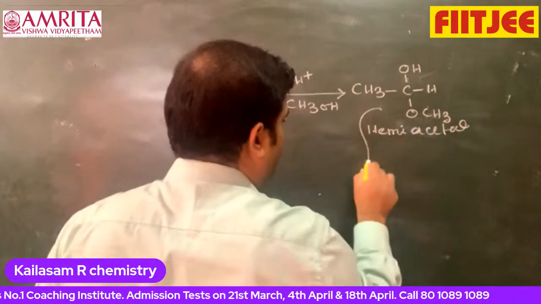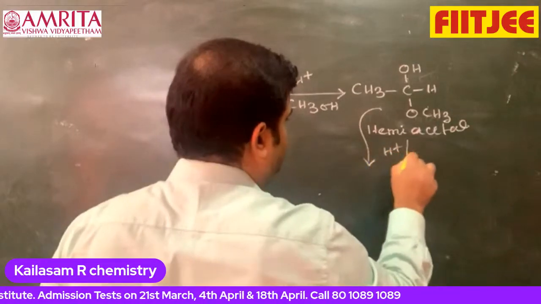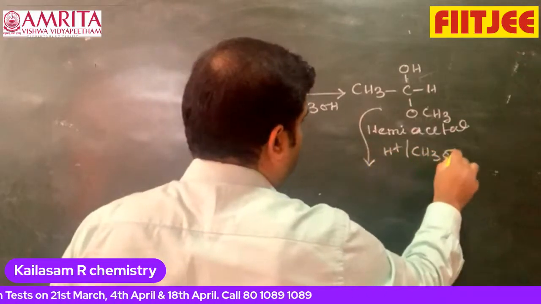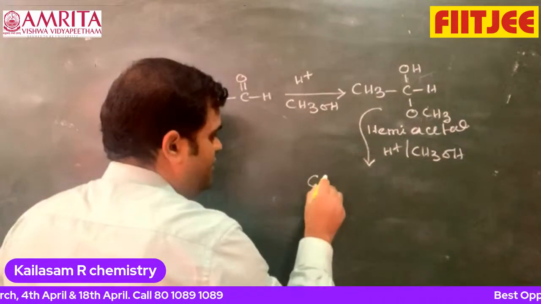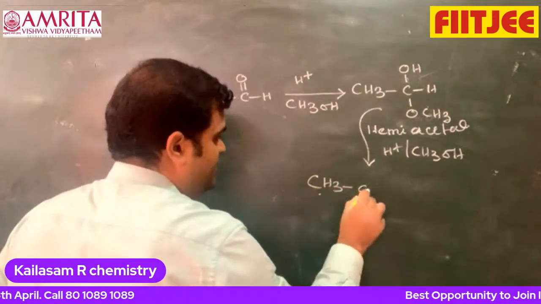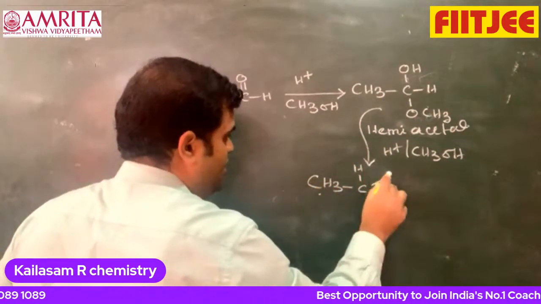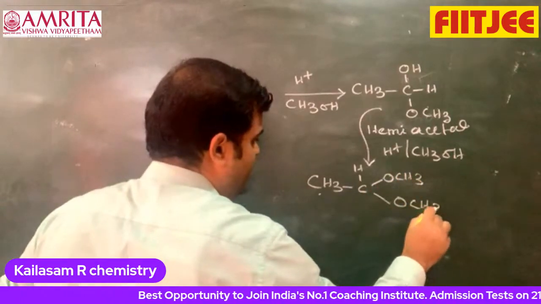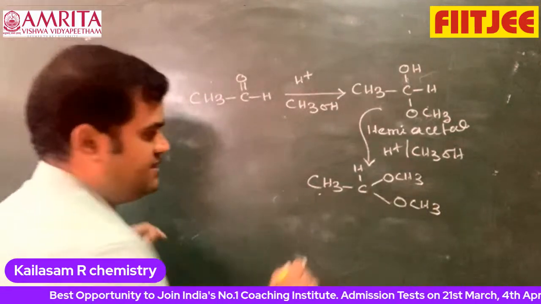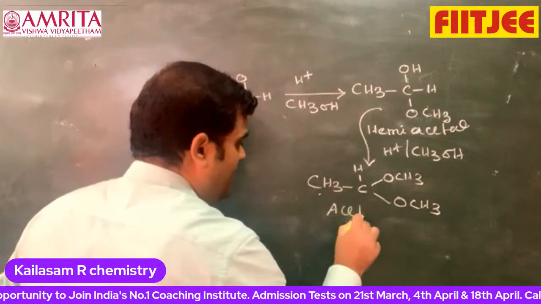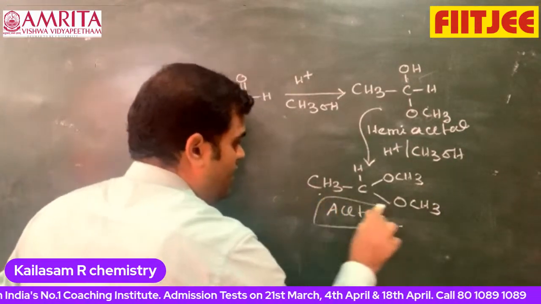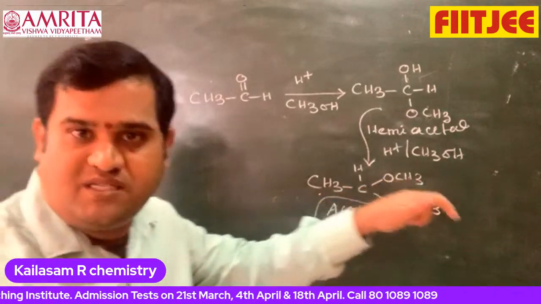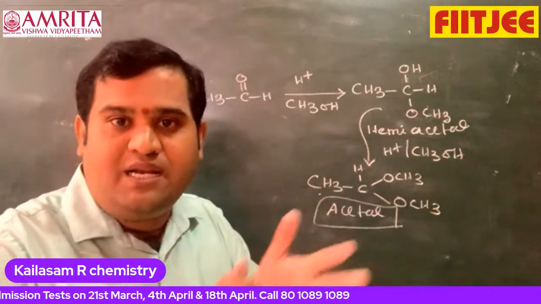Now again I'm going to add H plus and use CH3OH. Again, look at this: CH3, CH, OCH3, OCH3. This is called acetal. Acetals are stable in basic medium, unstable in acidic medium.